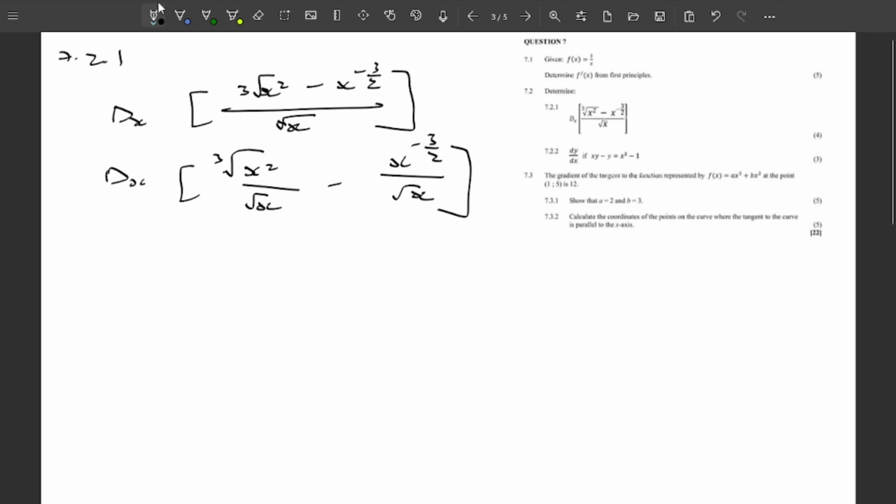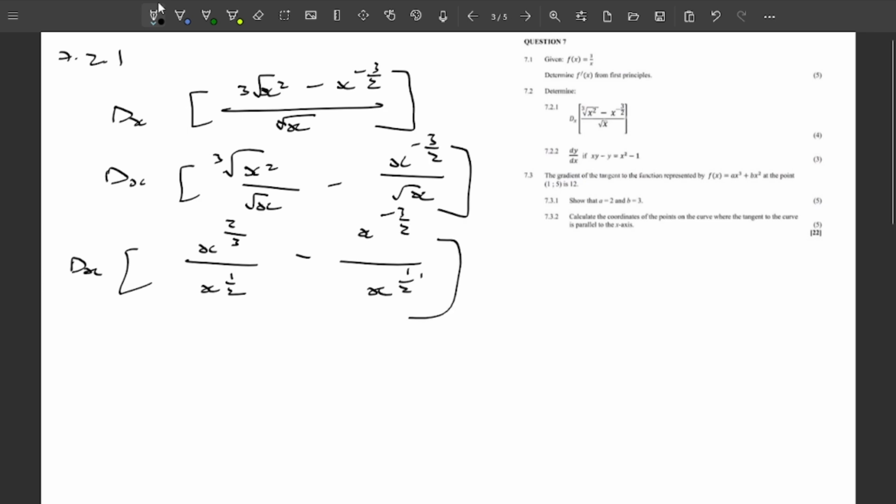After this, we simplify or write it in the form of an exponent. So it's going to be x to the 2 over 3 over x to the 1 over 2, minus x to the minus 3 over 2 over x to the 1 over 2. Since this is the same base, we can subtract the exponents by exponent laws.